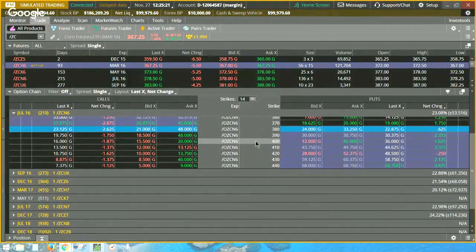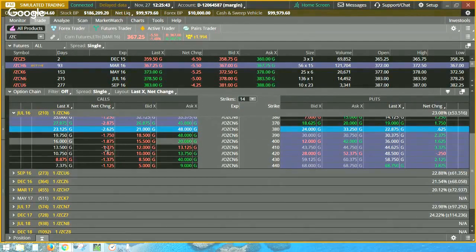If one of your parameters is to sell cash grain, you're going to want to wait till that executes. And then once that executes, if you're using this software, you will have a text message or an alert on your phone or on your computer. And then you'll know that you got bought in, and then you could sell that grain to the elevator in order to complete the hedging strategy.